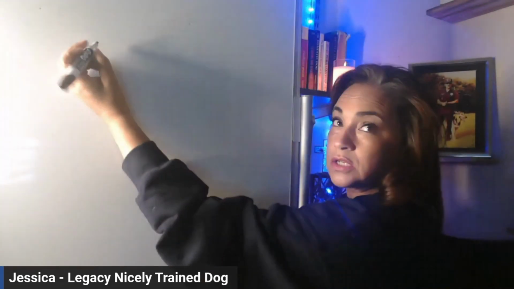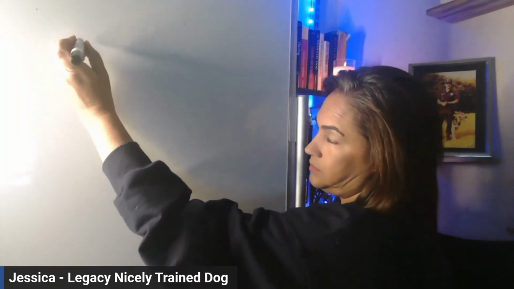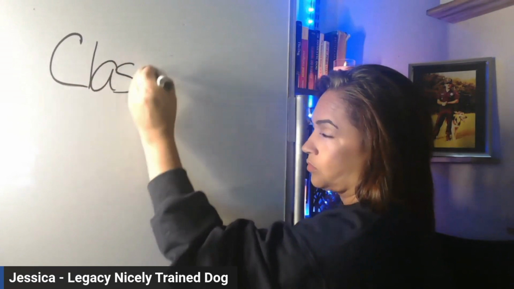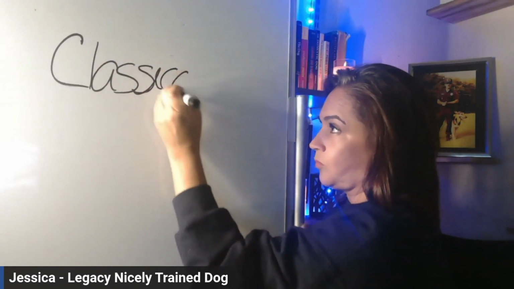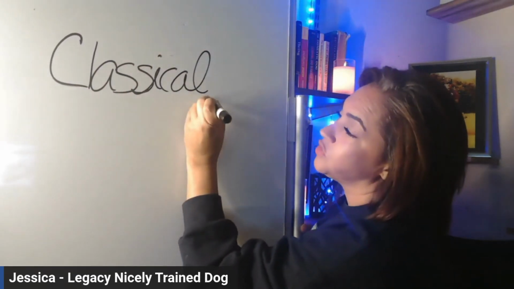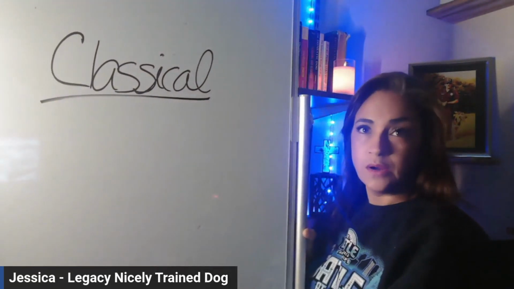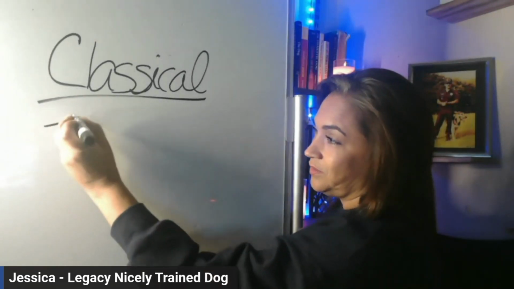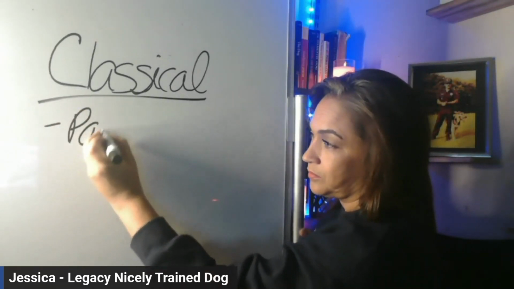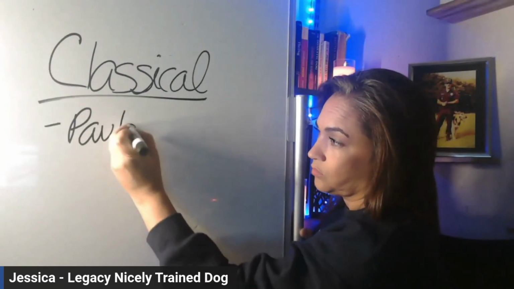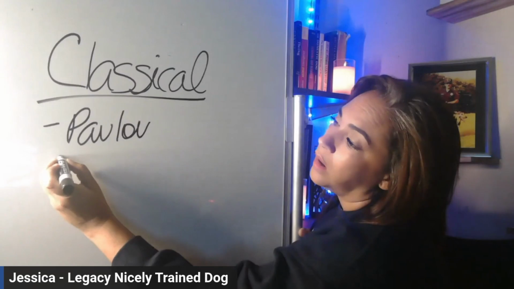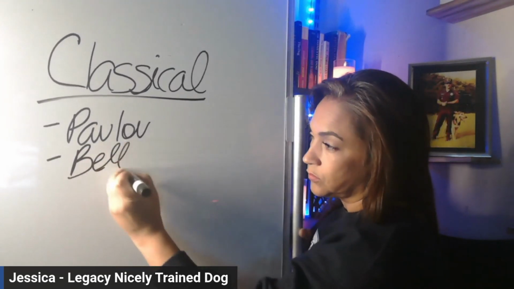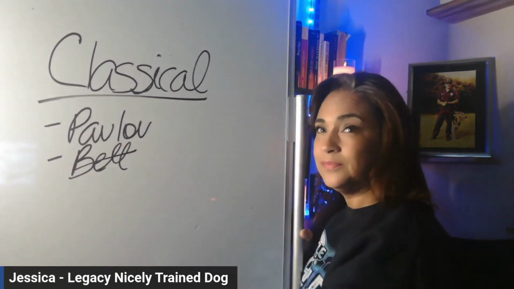So you have classical, right? I'm going to try real hard to get through this without cussing. Classical, using Pavlov. Bell, which is wrong. It wasn't a bell. It was a metronome.